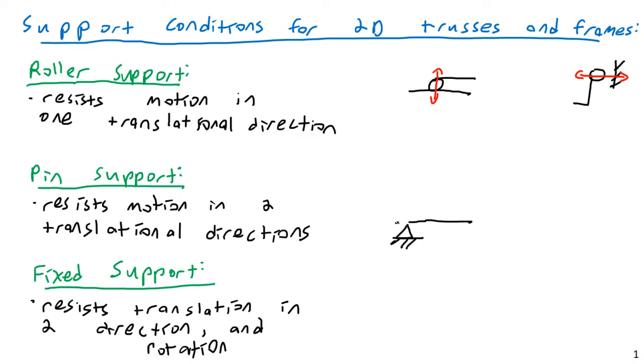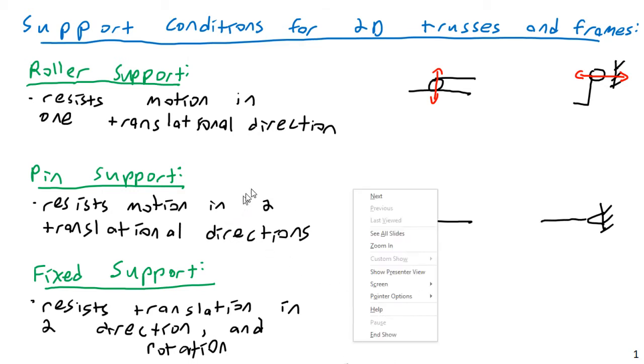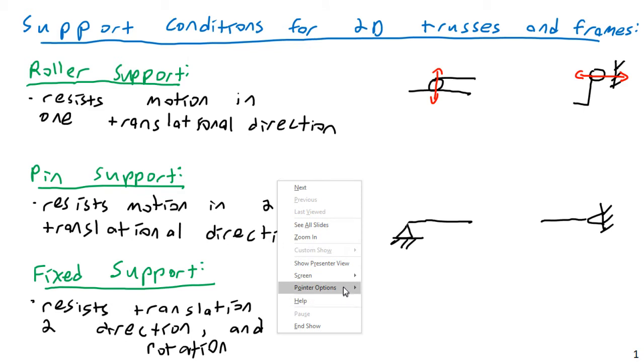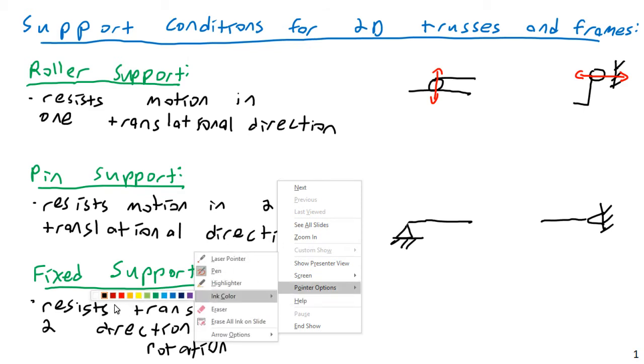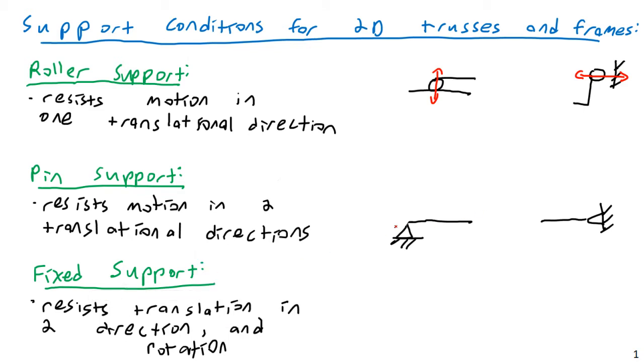Again, this should all be old hat to you by now after statics and mechanics of materials. This is just a brief review. And we could have a pin support against a wall. Let's show the forces on here as well. Here I would have a horizontal force and a vertical force.